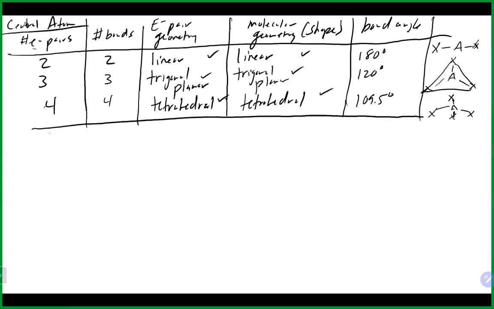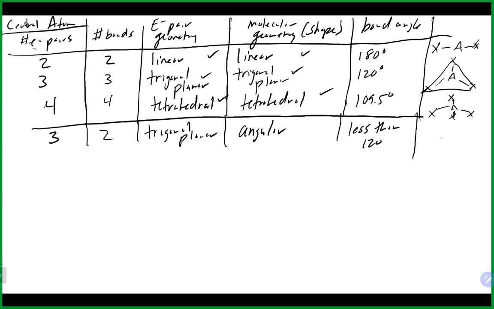So we talked about 3 electron pairs and 2 bonds here. 3 electron pairs would still be trigonal planar. But because of the non-bonding electrons, this is our angular guy here, and it's less than 120 degrees.